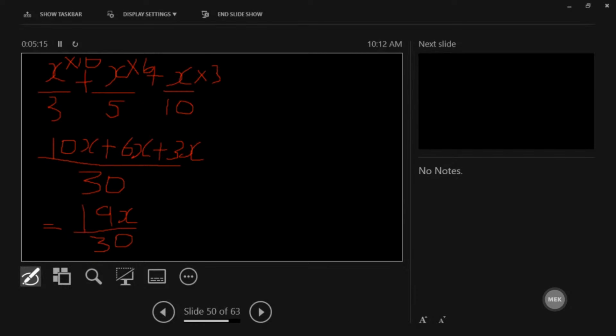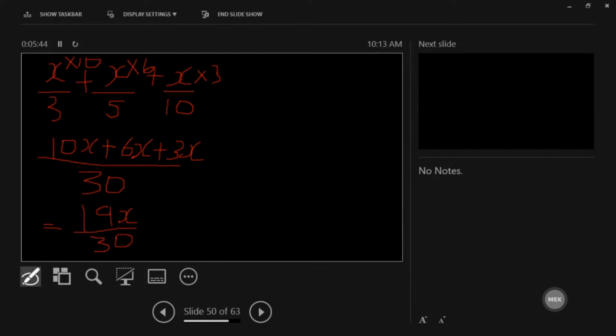So the lowest common multiple of 3, 5, and 10, or the smallest number that 3, 5, and 10 can go into, is 30. And we divide the LCM by each of the denominators. So 3 into 30 goes 10 times. I will multiply that by the numerator, just like with regular fractions.